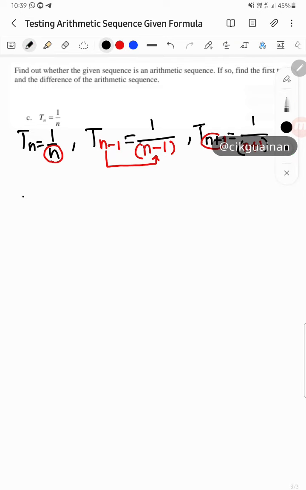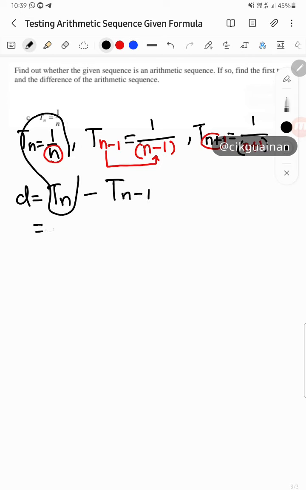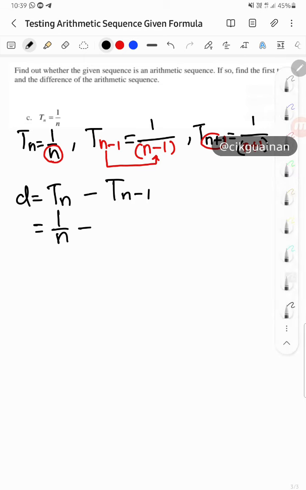Now put them into the formula, Tn minus Tn minus 1. I have Tn over here, 1 over n, minus 1 over n minus 1. Now, how do we subtract two different fractions?